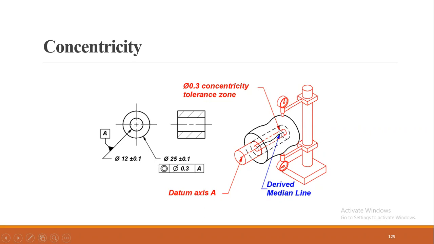So if the center deflects 0.3, zone means I will create two lines. Between these two lines, if the center lies, then it's acceptable.